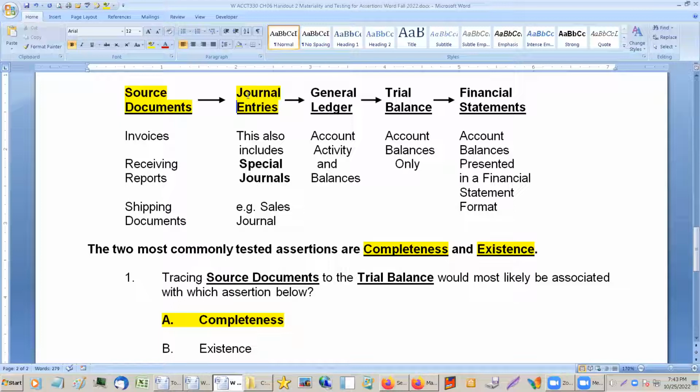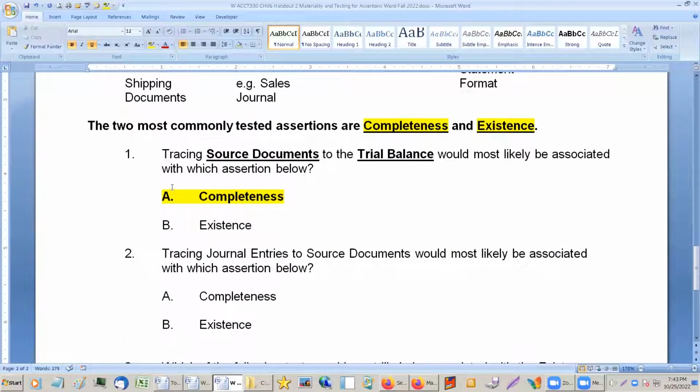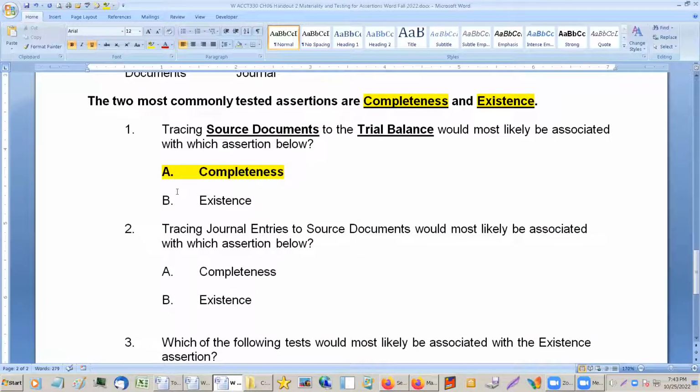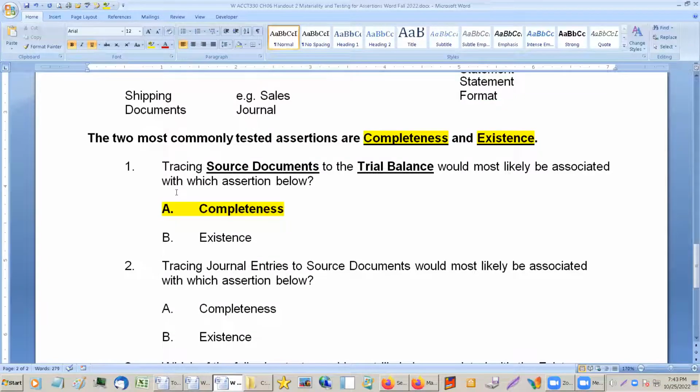So you grab 30 journal entries and you go look for the source documents. Which one of these are you probably trying to get at? Existence. Yep.